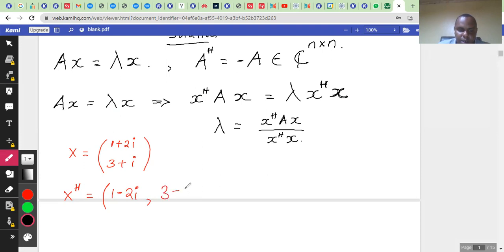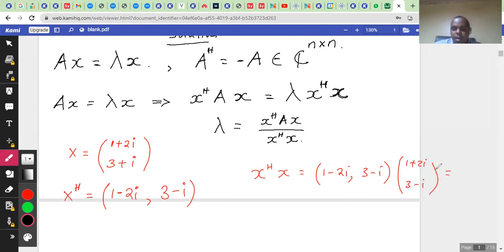And then if you do x^H x, it's going to be (1 minus 2i)(1 plus 2i) plus (3 minus i)(3 plus i). So this is going to be 5, plus 10. You see, it's 15, right?